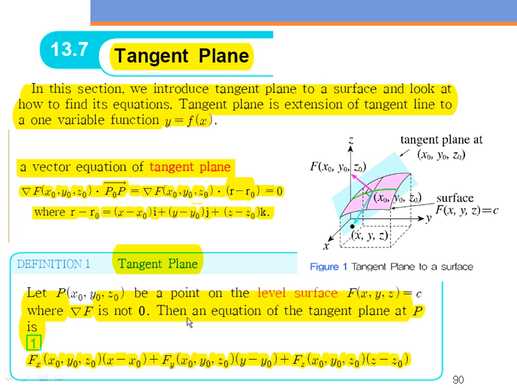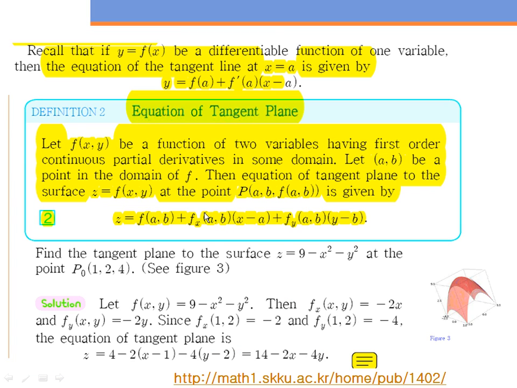The inner product of the normal vector of this plane and the vector on this plane is orthogonal, and thus all the vectors that satisfy this equation, which can be written in this way. So this is the definition of the tangent plane.